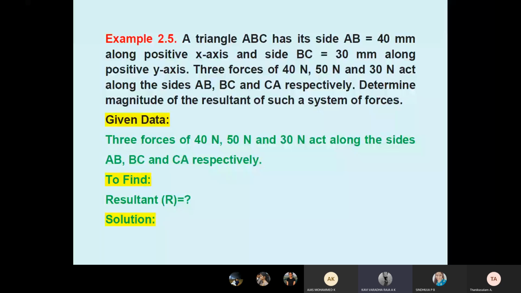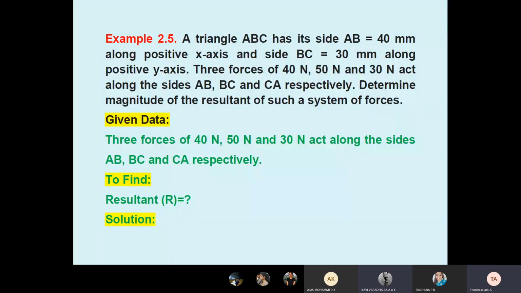Triangle ABC has its side AB equal to 40 mm along positive x-axis and side BC equal to 30 mm along positive y-axis, and forces of 40 Newton, 50 Newton and 30 Newton act along the sides AB, BC and CA respectively. Determine the magnitude of the resultant of such a system of forces.